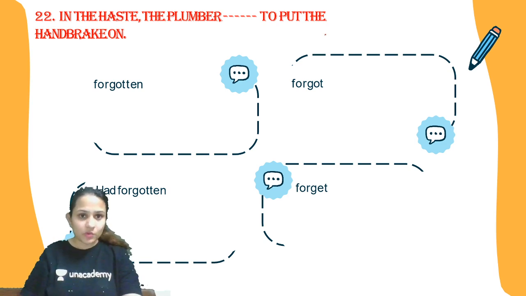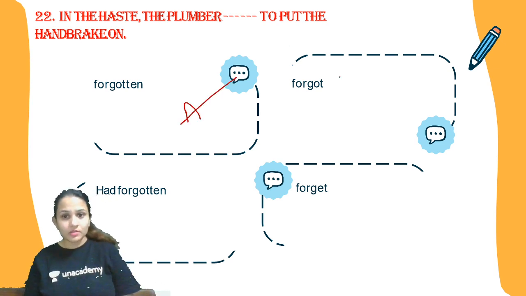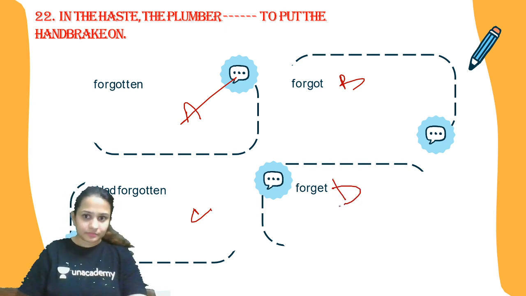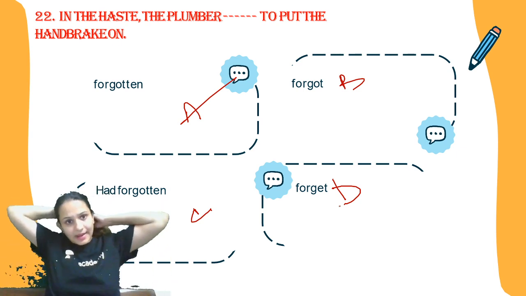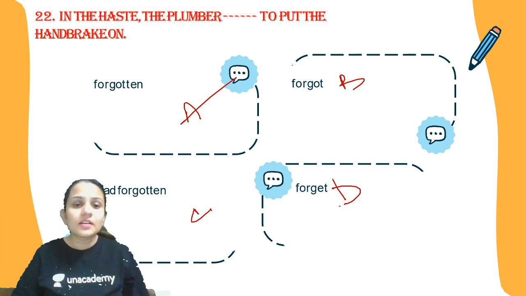Now to the last four questions left. In the haze, the plumber dash to put the handbrake on. The plumber forgotten, the plumber forgot, the plumber had forgotten, and the plumber forget. Tell me which word fits and which tense it is and why.